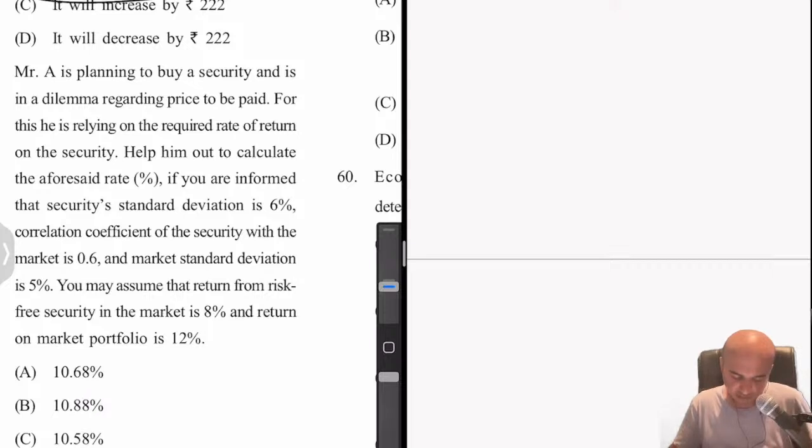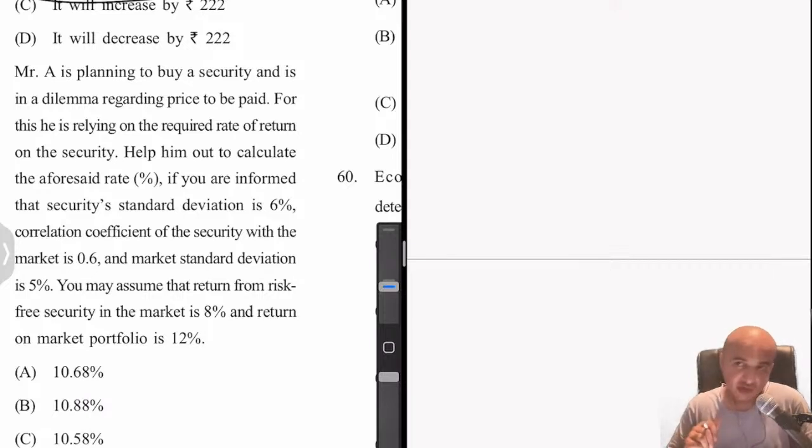Fine. Okay, let's see what we can do. So now in this case, help him out to calculate the aforesaid rate. He is planning to buy a security and is in a dilemma regarding the price to be paid. For this, he is relying on the required rate of return on this security. Help him out to calculate that required rate of return.